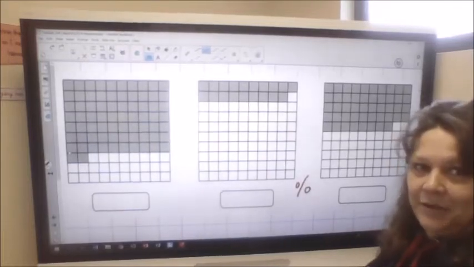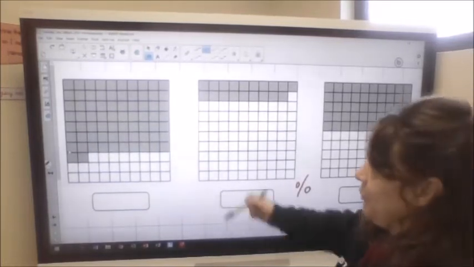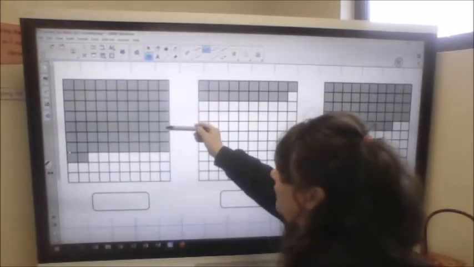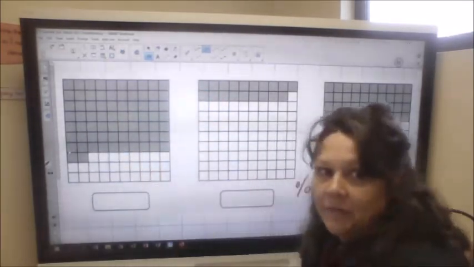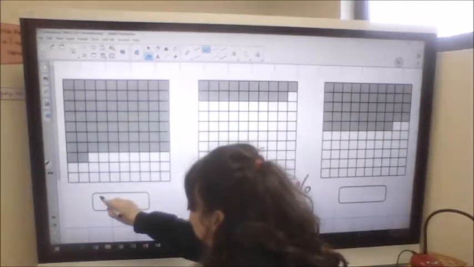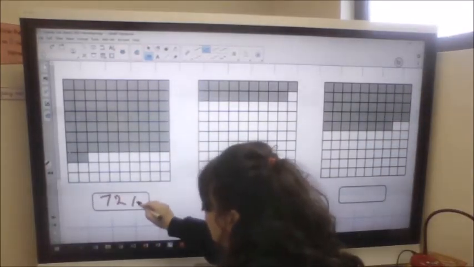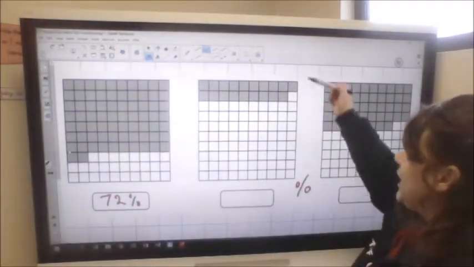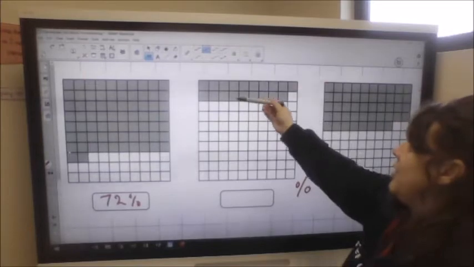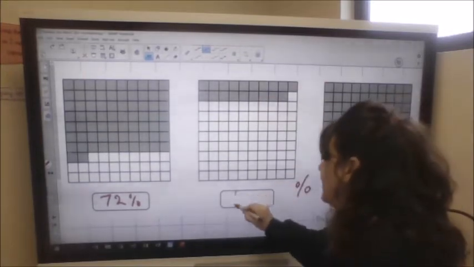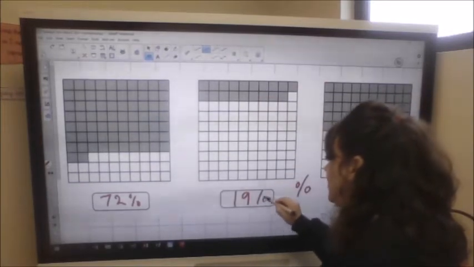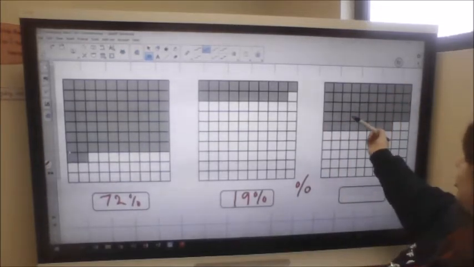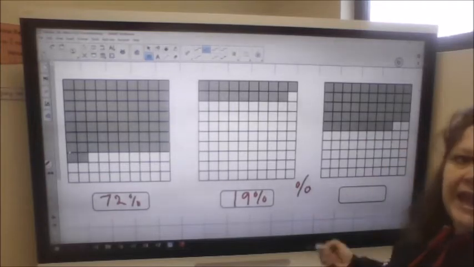Okay, year 6, let's see how you got on then. So let's see what we've got shaded here. We've got 10, 20, 30, 40, 50, 60, 70, 72. So you should have 72% for number 1. Here I've got 10 and then another 9, so that's 19%. Here I've got 10, 20, 30, 40, 48.